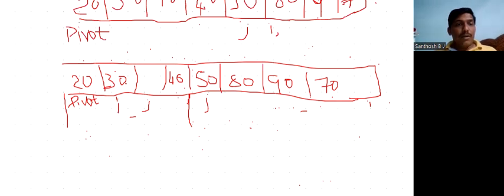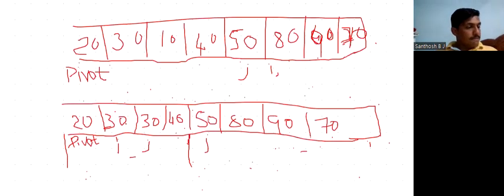They come to here. And what is this value? 10, right?